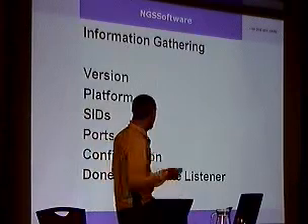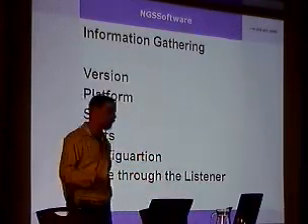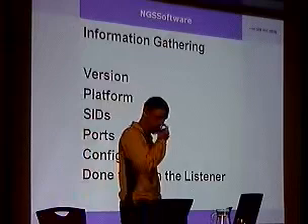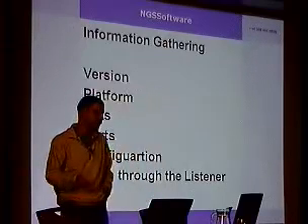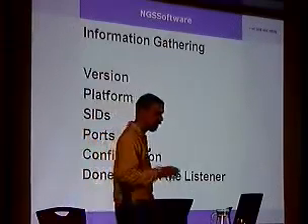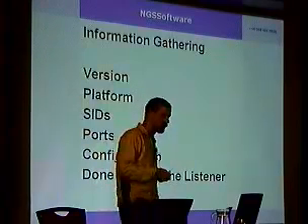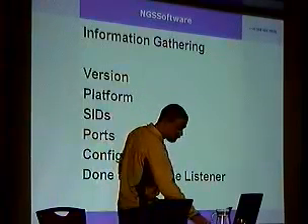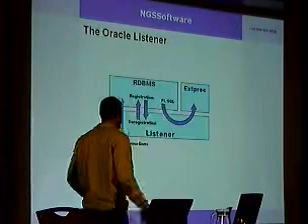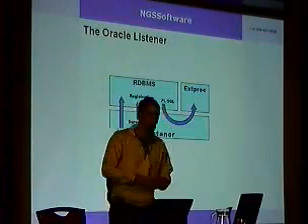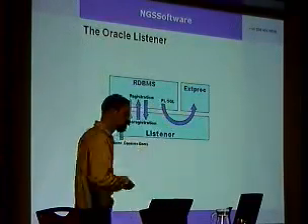For example, 8.1.6 would be completely different from 8.1.7 and so on, all the way through to 9.2. So you have to know exactly what version you're dealing with. Platform is especially important. If we're dealing with a Linux box, then our approaches are going to be completely different from those for a Windows system.